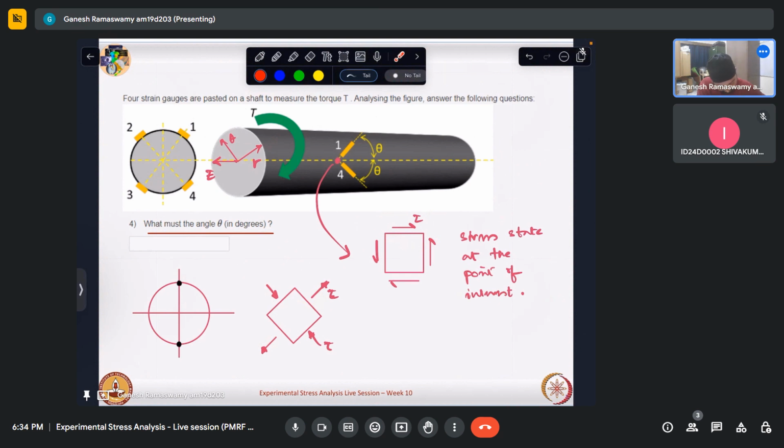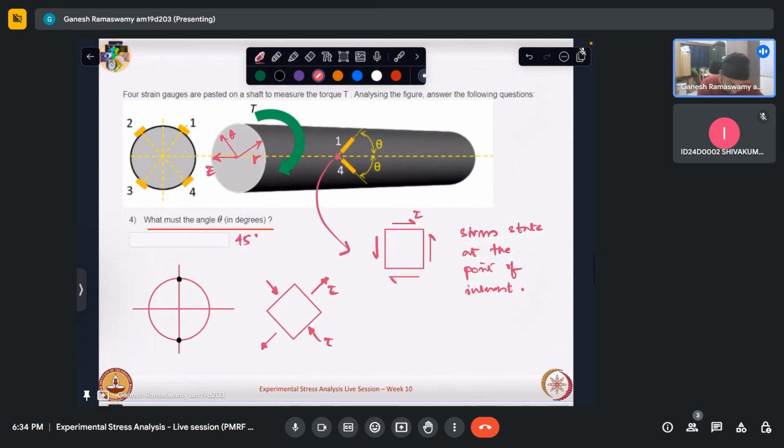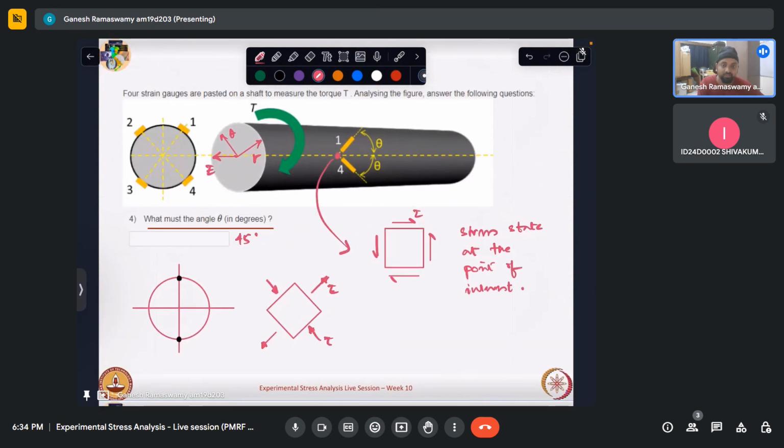So we will have to orient this at 45 degrees so that this measures.